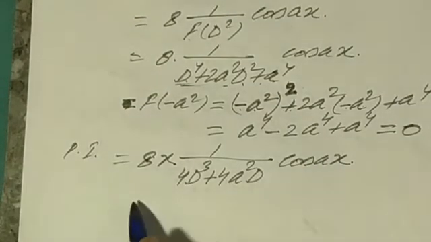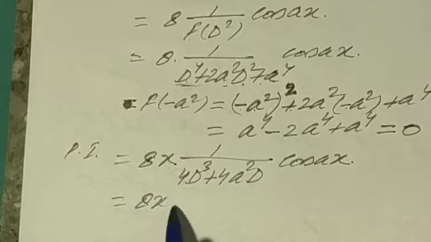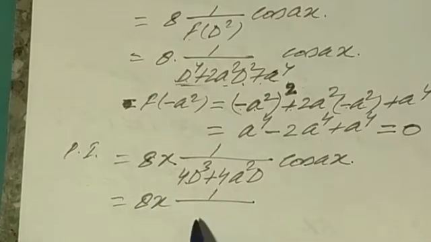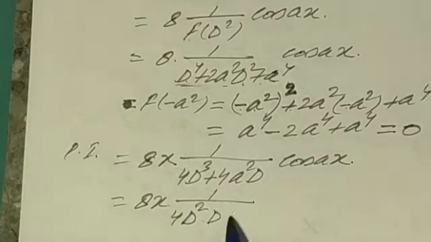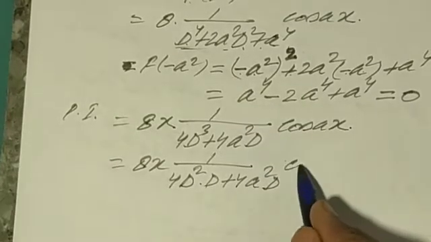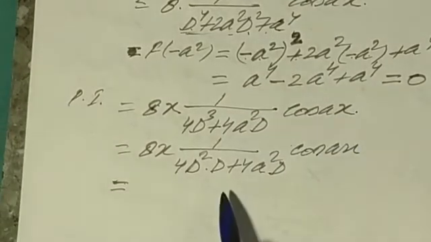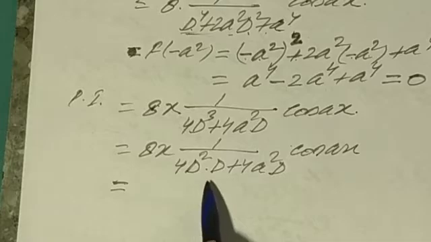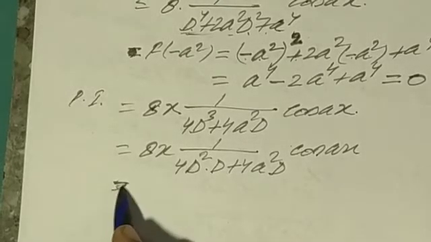So now again, 8x times 1 upon 4D³, which may be written as 4D² into D plus 4a²D, as it is, cos ax.